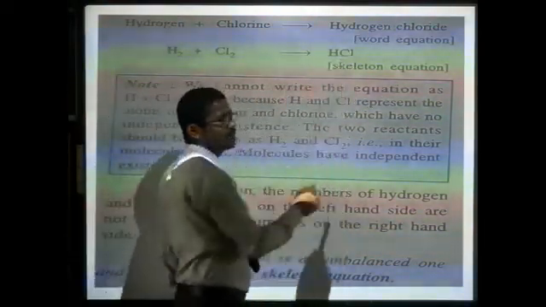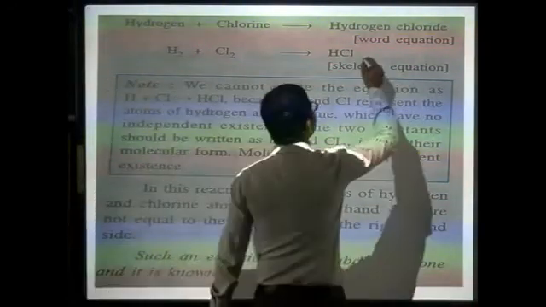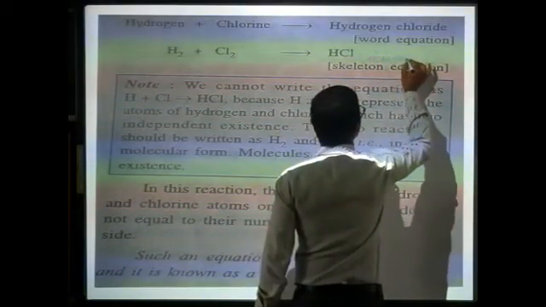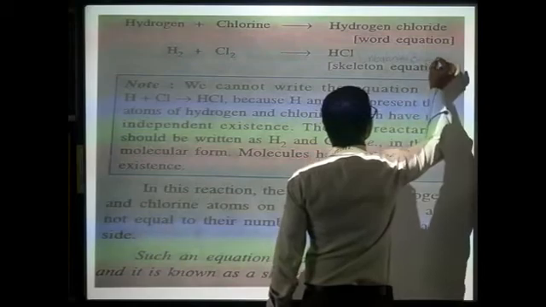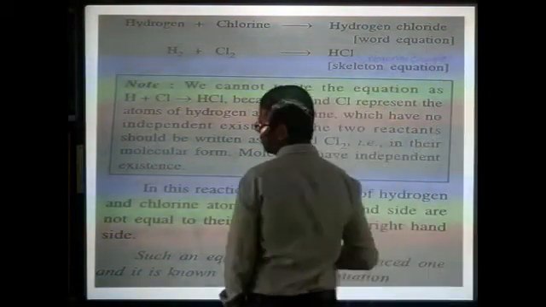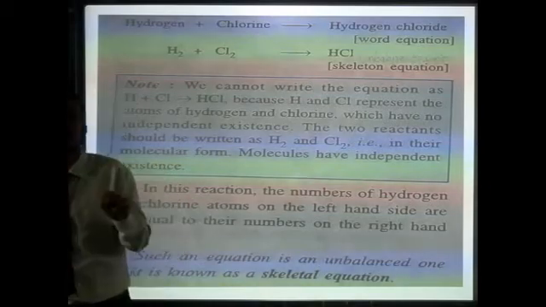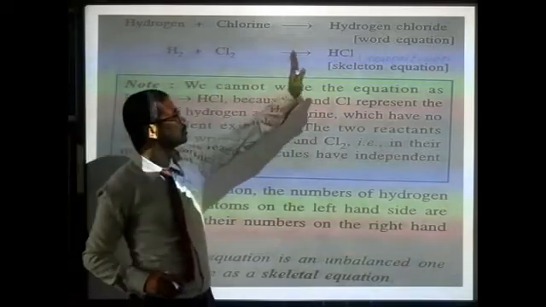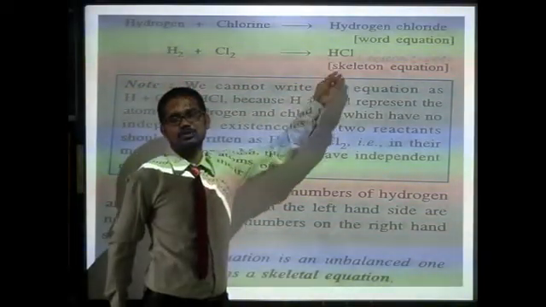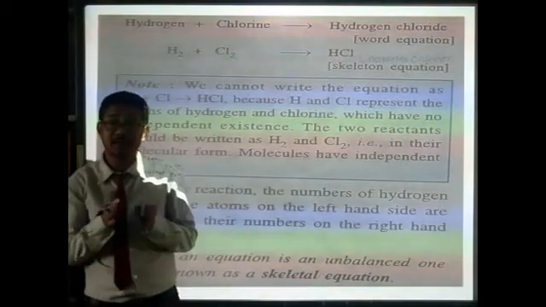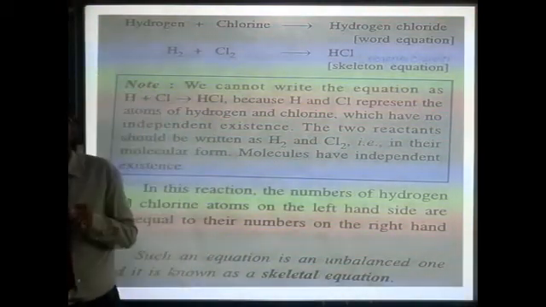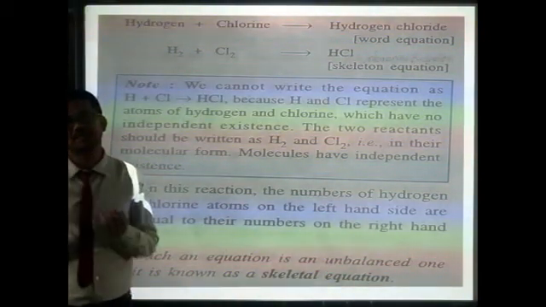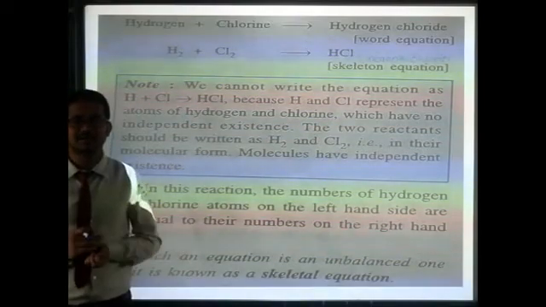And here 1. Not balanced. That means it is an unbalanced equation, because the number of hydrogen and chlorine atoms on the left hand side is not equal to the number on the right hand side. So to balance a chemical equation, we count the number of atoms of each element on both sides. If they are the same, it is balanced. If not, unbalanced.